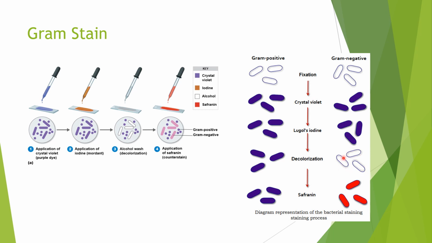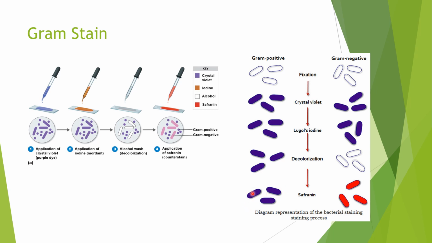And so how am I going to see them, right? You have to use a counterstain. The counterstain is going to be safranin, and safranin is reddish in color. So you add the safranin, you flood your slide with safranin. The gram-negative are going to accept it because they're clear, and they're going to look red, while the gram-positive are not going to take it.